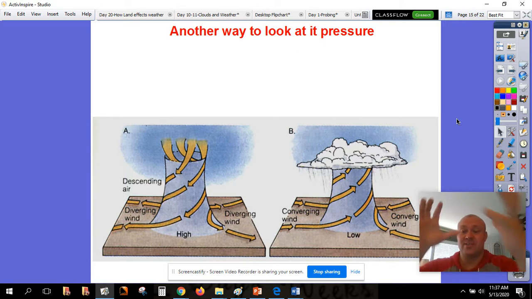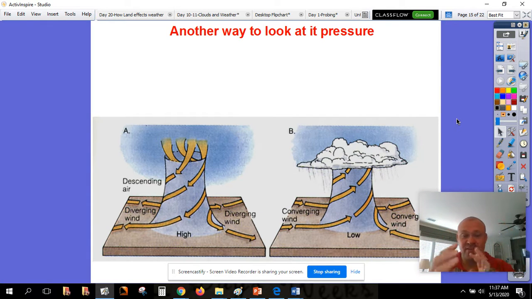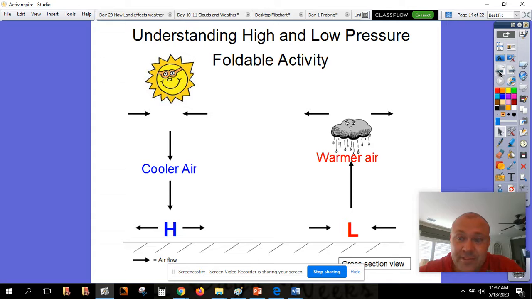And here's another way to look at it. Okay, as the air sinks, it actually spins. And you get that high pressure, and then that high pressure will flow to the area of low pressure, and then it will flow upwards and create your clouds and your storm. All right, so little sneak peek here.